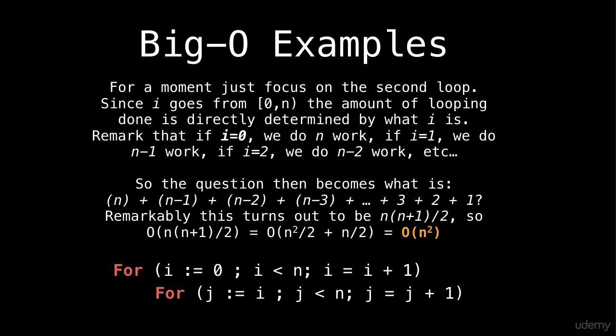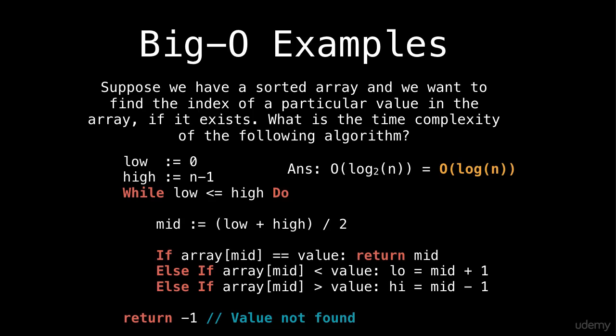If we fix i to be 2, we do n minus 2 work, and so on. So the question then becomes, what is n plus n minus 1 plus n minus 2 plus n minus 3 and so on? Well, this is a well-known identity, and it turns out to be n times n plus 1 divided by 2. So if we wrap this in a big O, we can see that this is big O of n squared.